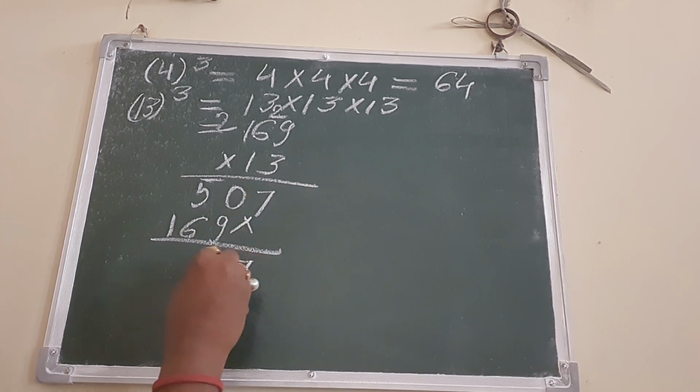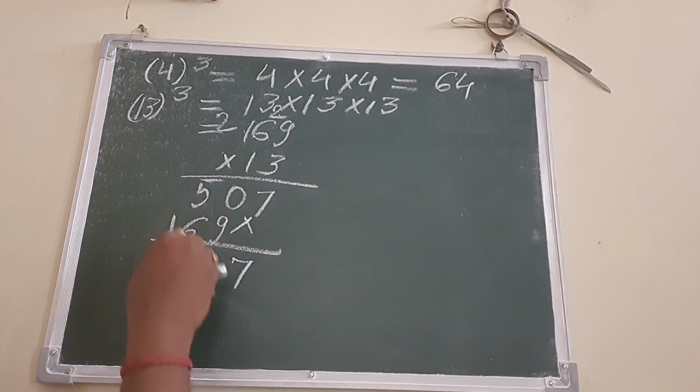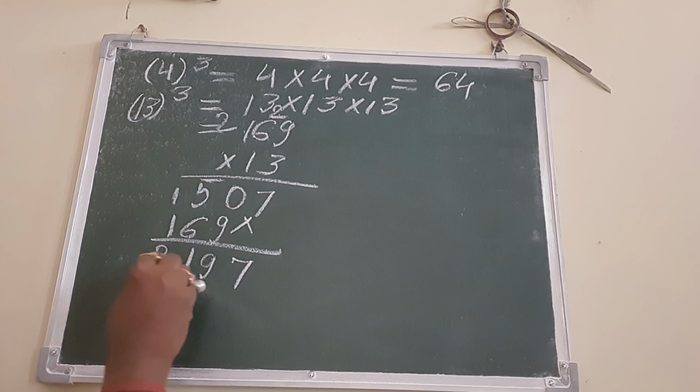So it will be 2197. So this is our answer. The cube of 13 is 2197.